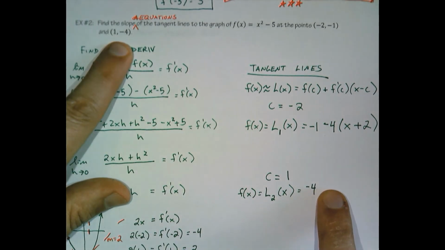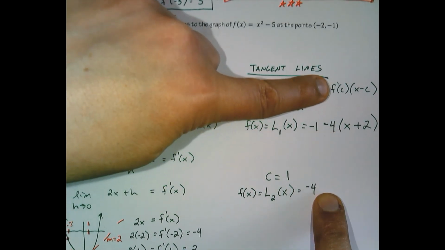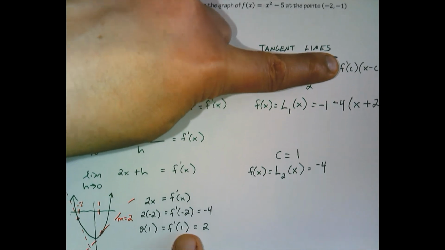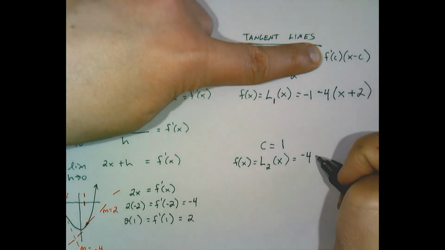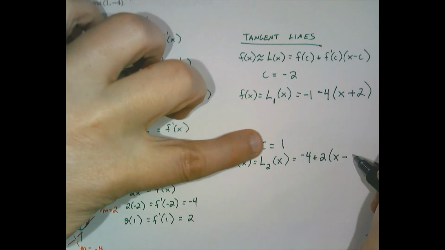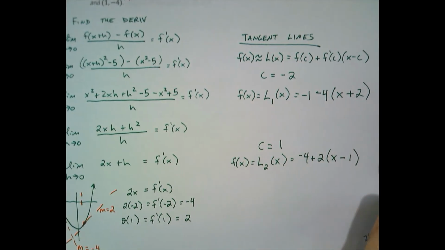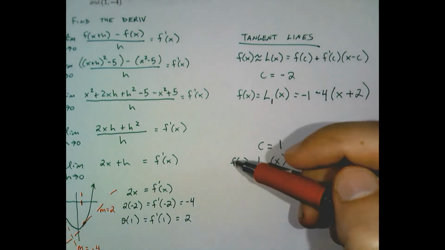What is our slope at 1? Well, our slope at 1 is 2. And then x minus our center is x minus 1. So we were pulling lots of numbers from all over the page, but in the end we came up with two line equations.